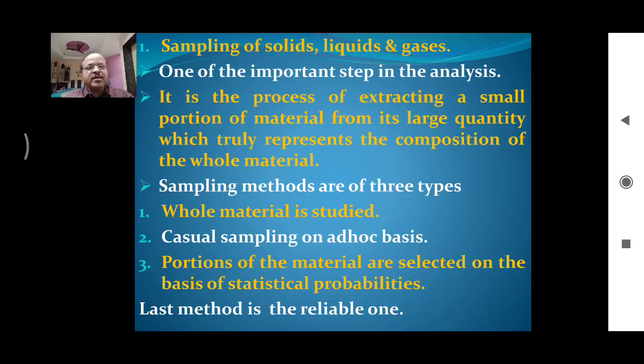The second method is casual sampling on an ad hoc basis. Casual means there is no seriousness, and ad hoc basis means the analysis is carried out on a temporary basis.